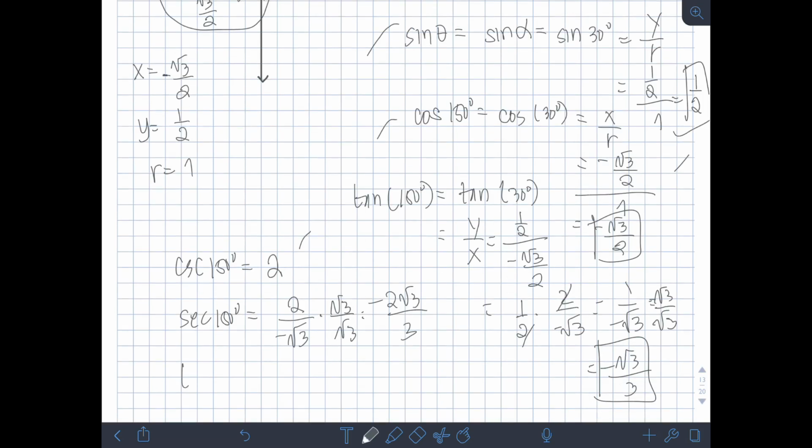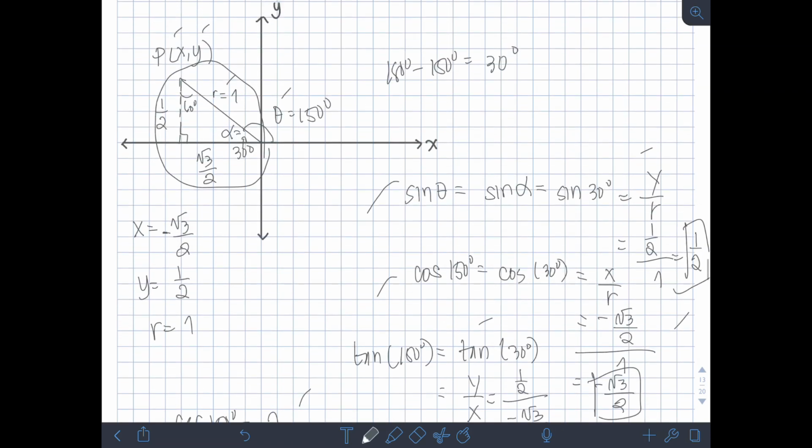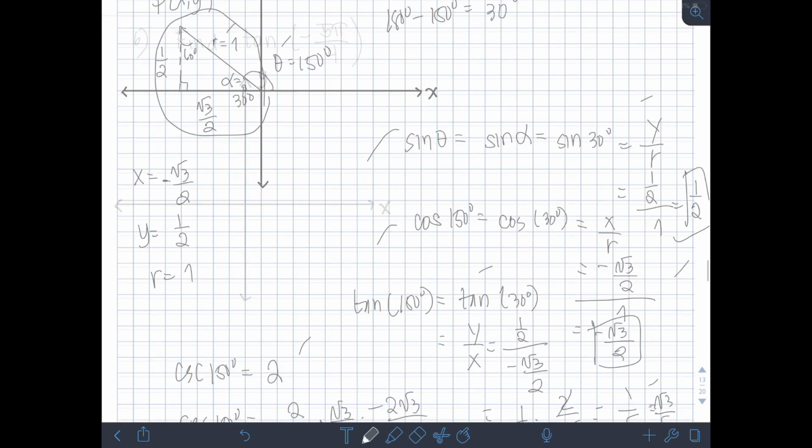Tapos yung cotangent 150 degree equal sa reciprocal nitong tan 150 degree, which is itong negative square root of 3 over 3. So reciprocal nun is 3 over negative square root of 3, or rationalize uli, we have 3 square root of 3 over 3, negative cancel, negative square root of 3. So therefore, ito yung 6 trigonometric ratios for angle 150 degree.